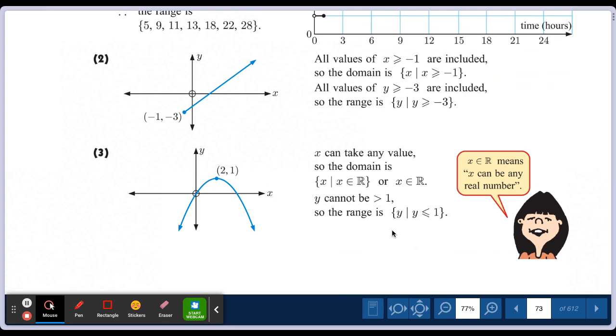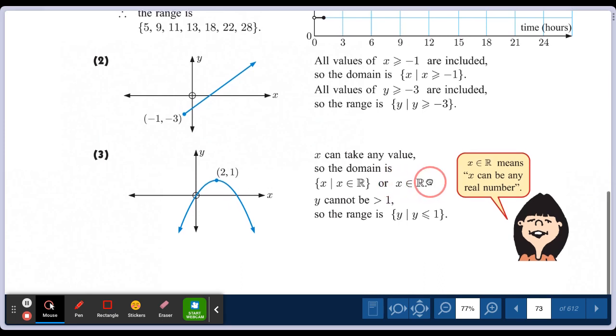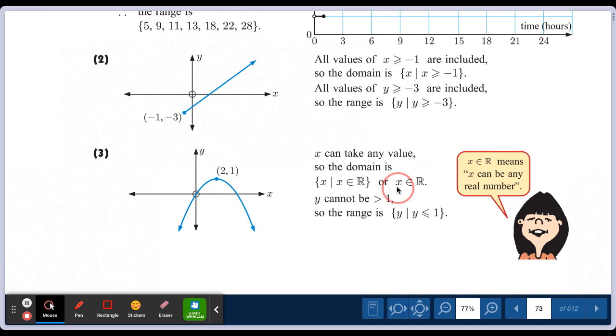So let's have a look at this example here. This one has a domain where whatever number I input here, I am going to get an output. We kind of looked at an example of this last time. So that means that the domain is x belongs to the real set. It means that x could be any number at all.